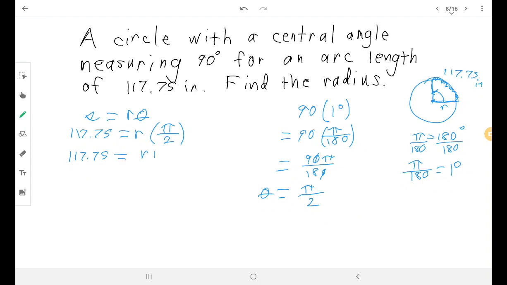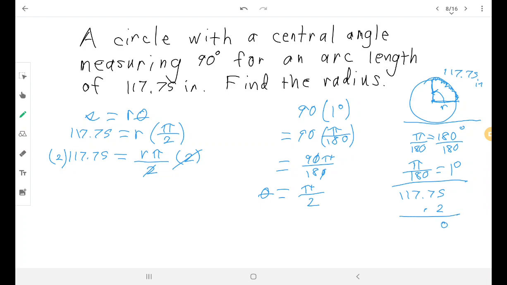What I'll do is multiply by 2 on both sides so that I cancel the 2's because I'm dividing by 2, so to get rid of it I multiply by 2. And then I need to figure out 117.75 times 2.